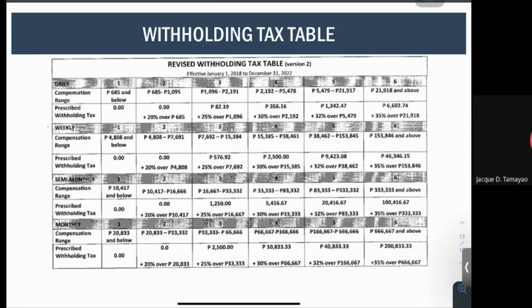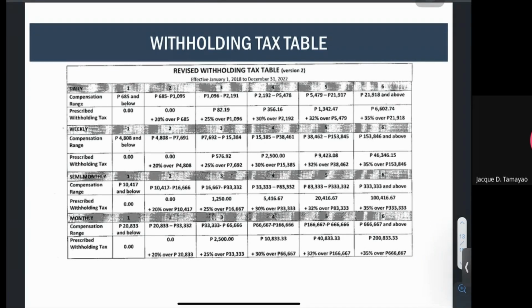The general formula in your withholding tax is equal to your compensation less the minimum bracket or the base. You multiply it to your rate plus the tax, which is your basic tax.